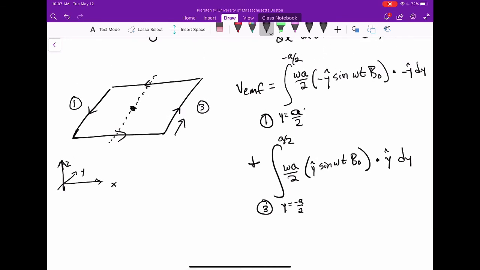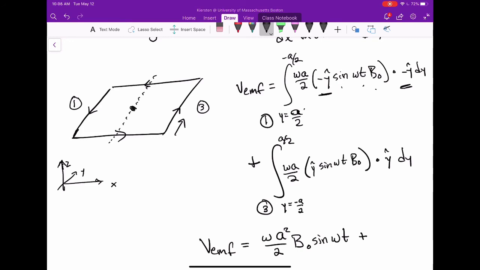So then, by evaluating this, minus y dot minus y gives us 1. All of the other terms are constant, so we're just integrating along y. And we can flip the bounds, and that's fine. And then we get a factor of a. So VEMF becomes omega a squared over 2 b naught sine omega t. That's the contribution from side 1.